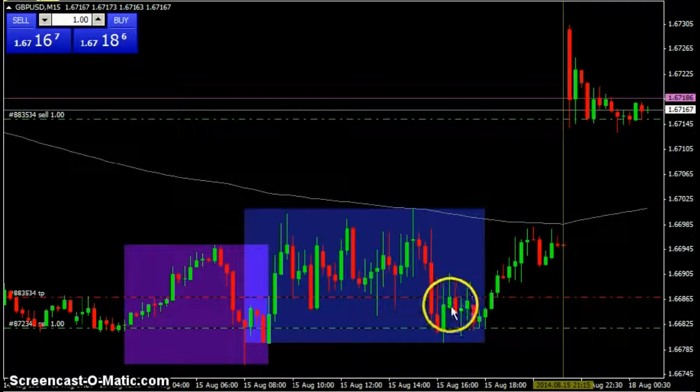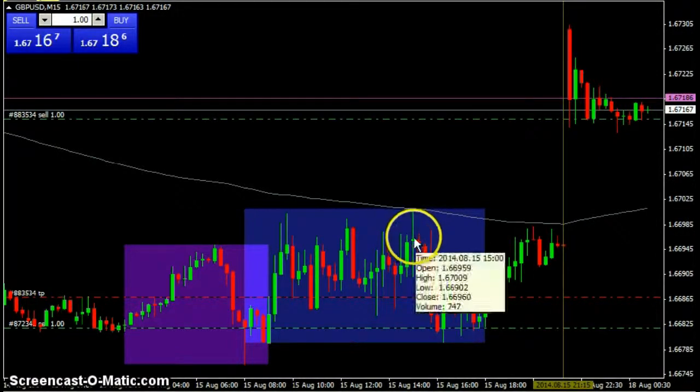So that's about it for candles. You'll see all sorts of names for different shapes of candles. Like, you might see a doji, for example, which is a Japanese word.